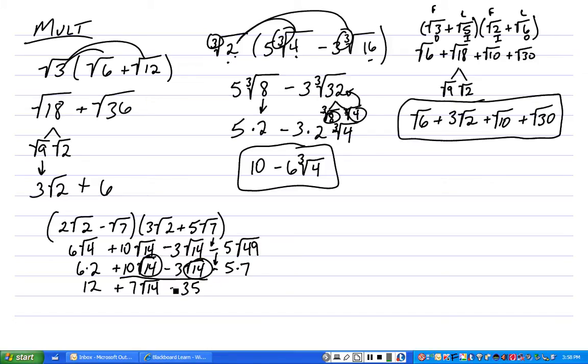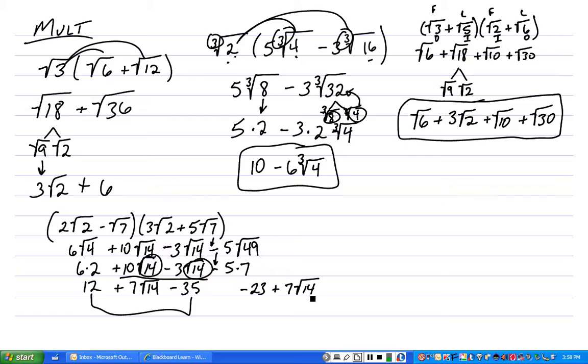So that's why this minus sign is here. 12 and 35 are like terms, so 12 minus 35, okay, it would be what? Negative 23. So negative 23 plus 7 square root of 14. Alright, negative 23 plus 7 square root of 14.